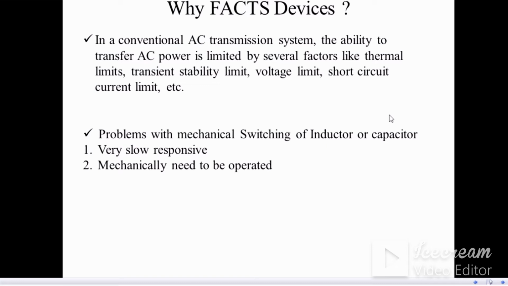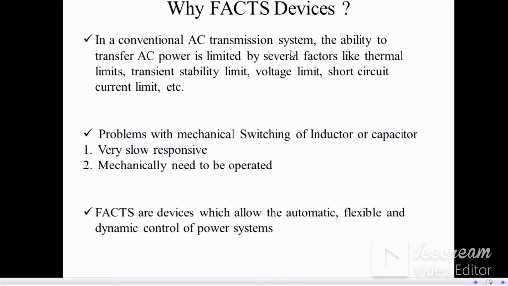So this makes us use these FACTS devices, which are quite automatic, flexible and fast in giving smooth response. So finally we conclude FACTS devices are much better in the sense that they are flexible, automatic and give us dynamic control over the power transferred from sending end to the receiving end.